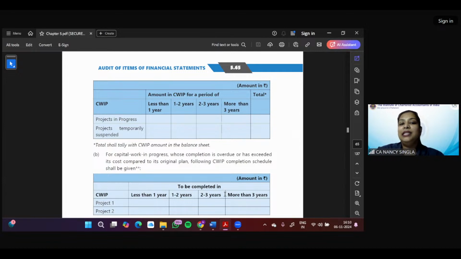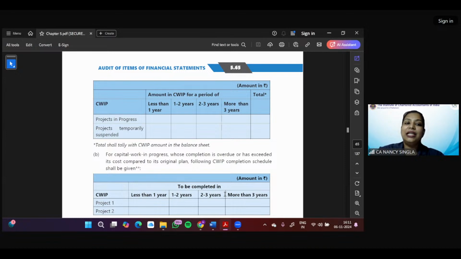So the amount in CWIP for a period of: the amount that is held as capital work in progress, since how long? Is it for less than 1 year, 1 to 2 years, 2 to 3 years or more than 3 years? And with respect to projects in progress and projects temporarily suspended, a separate bifurcation is to be given.